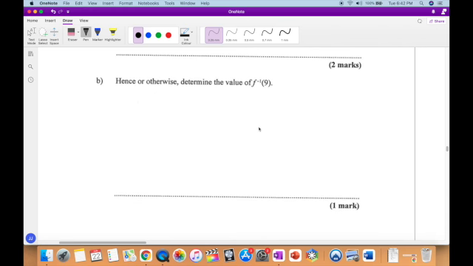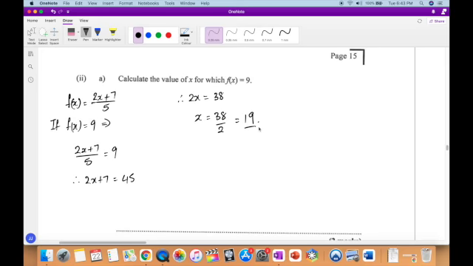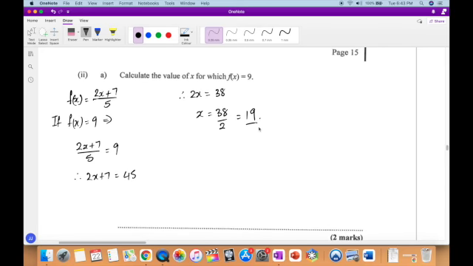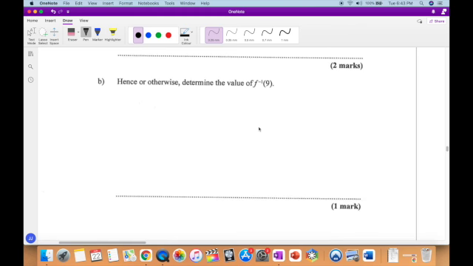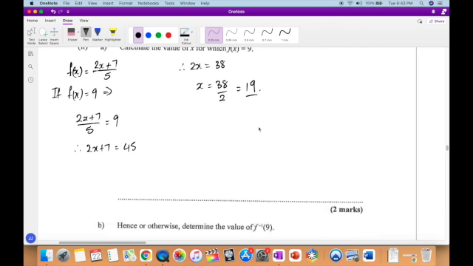Right? Hence or otherwise determine the value of f inverse of 9. Hence or otherwise. The f inverse of 9. And how many marks do we have? 1 mark. Right? I mean, we could go through all of the things for 1 mark, but let me see.